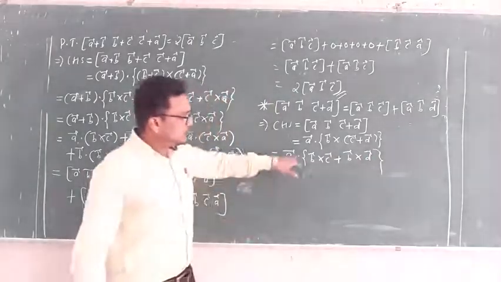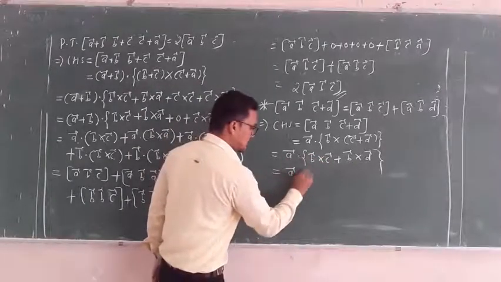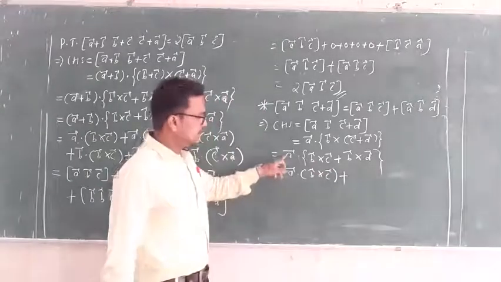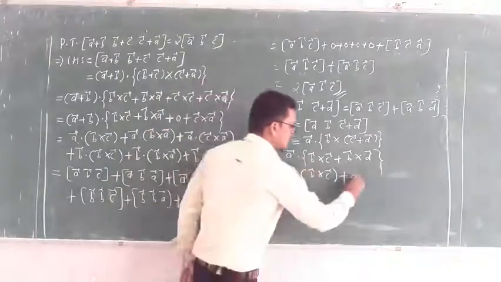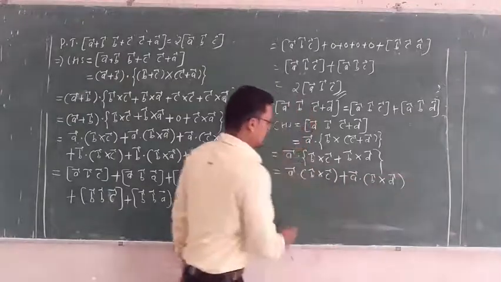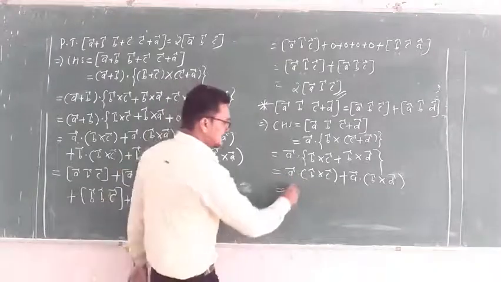Now take the dot product inside the brackets, which is A dot B cross C plus next A dot B cross D, which is equal to, now A dot B cross C is what again?